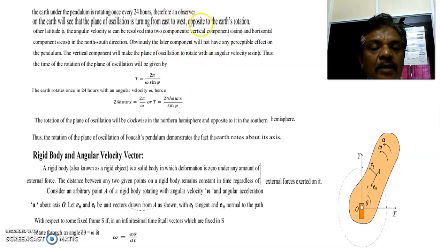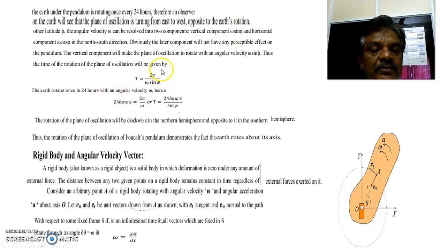Here two components are there, horizontal and vertical. The horizontal component, omega cos phi, gets cancelled between the northern and southern hemispheres, and we only have omega sin phi as the angular velocity component. You know that T is equal to 24 hours.